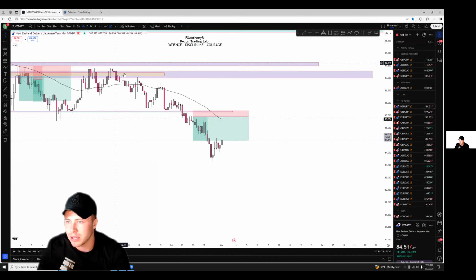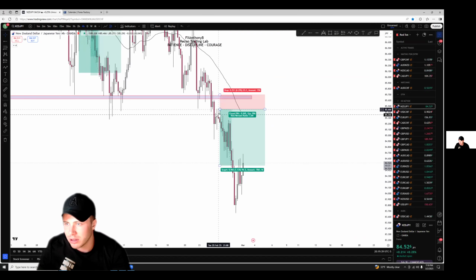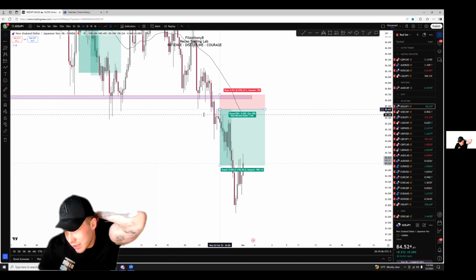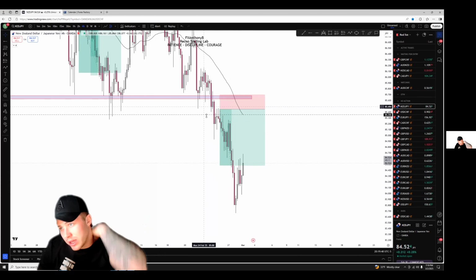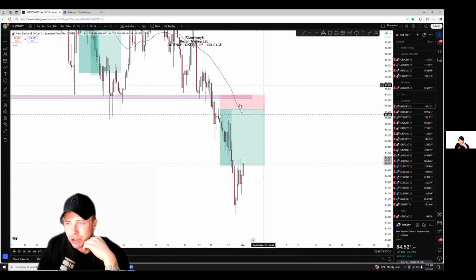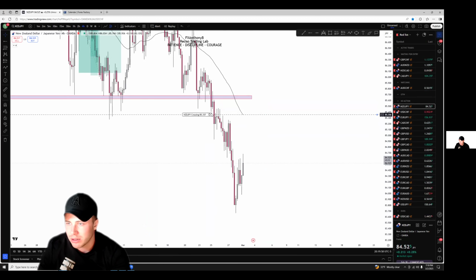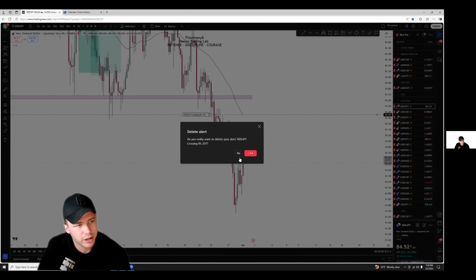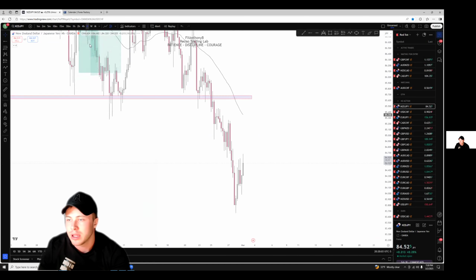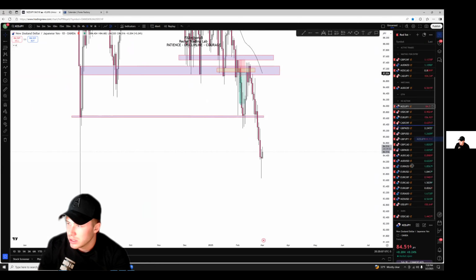This could come back to give us an entry, but yes, I can see here there was our alarm when an alarm got hit. But at that point, there was really not much to work with other than it broke and just retested this structure point. We were hoping that in the 4 hour, it was still way up here. We were hoping to get some structure and build up to sell off, but we did not get it. There was no entry. So therefore, there was no trade. As of now, I am not interested in this trade.